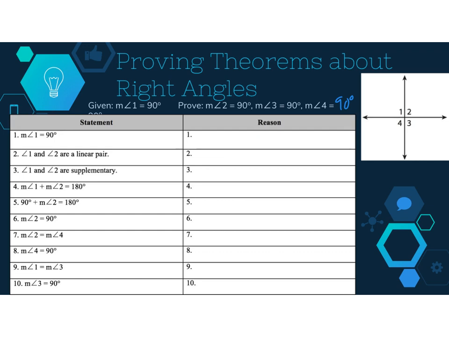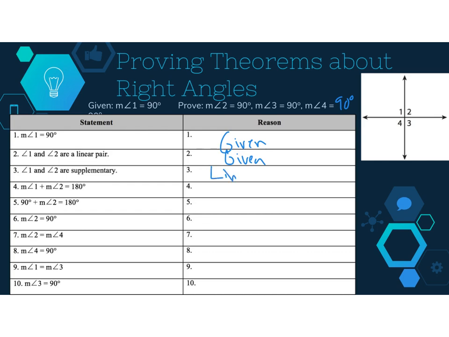So first one should be hopefully fairly straightforward. It is given. And then 1 and 2 are a linear pair is also given because you can identify that in the diagram. And then 1 and 2 are supplementary.